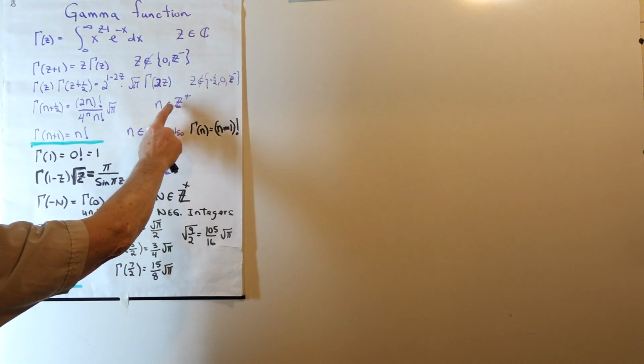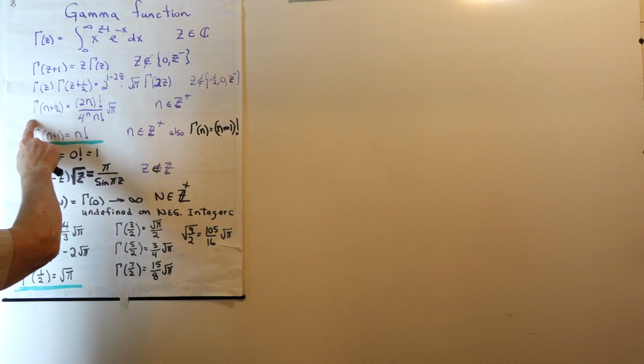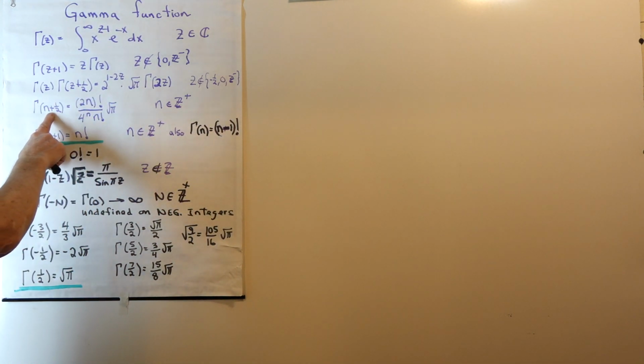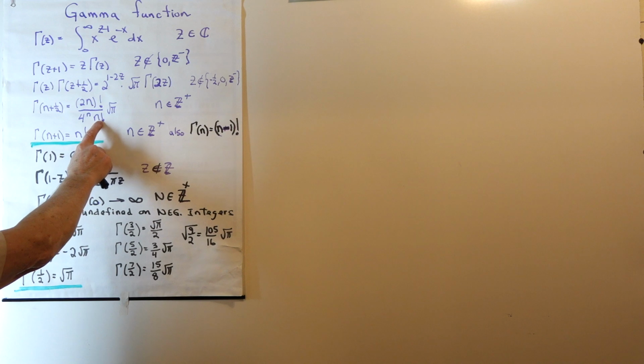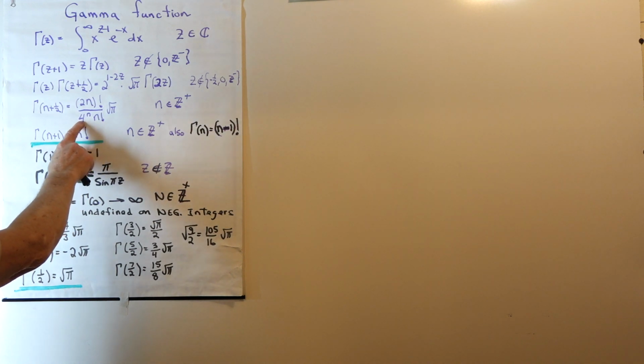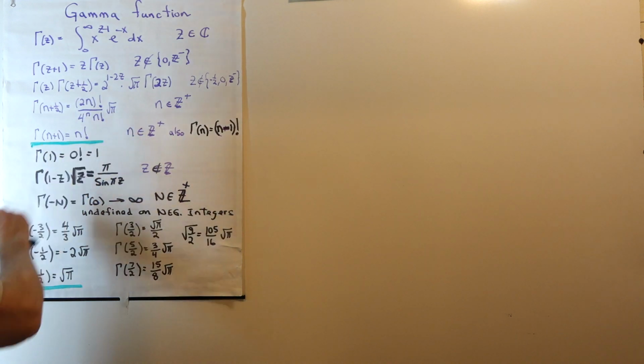Now, if n is a positive integer, this also helps you where you're dealing with multiples of 1/2, where gamma of n plus 1/2 is 2n factorial divided by n factorial divided by 4 to the n times the square root of pi.